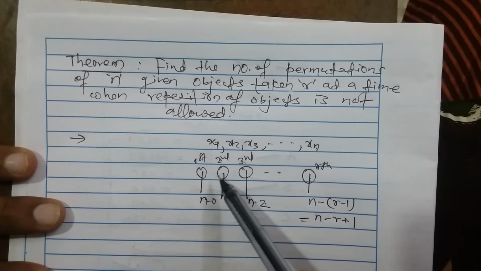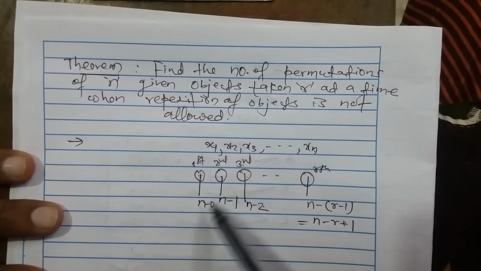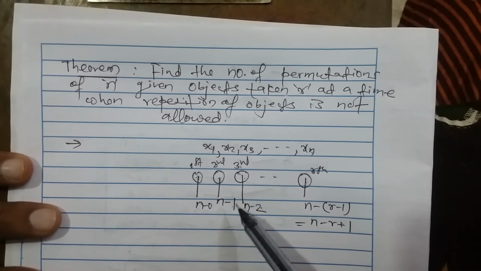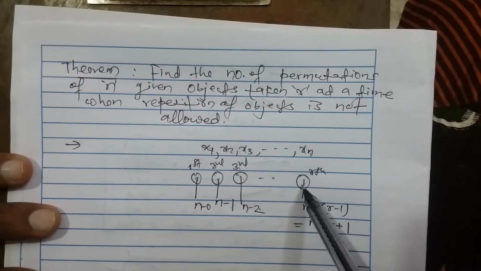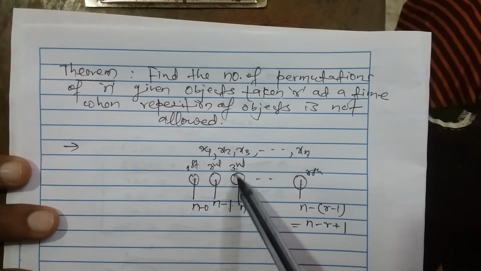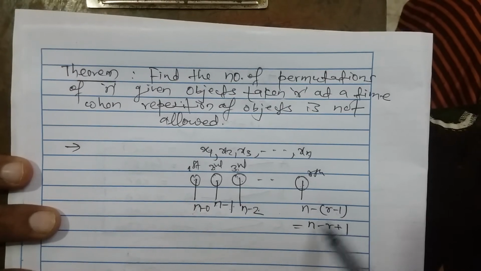That is why the first place can be filled in n ways, because you have n choices. The second place can be filled in n minus 1 ways, as one choice reduces. The third place can be filled in n minus 2 ways, and generalizing, the rth place can be filled in n minus r plus 1 ways.